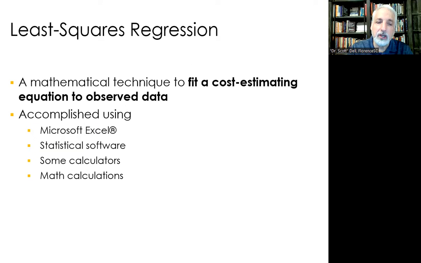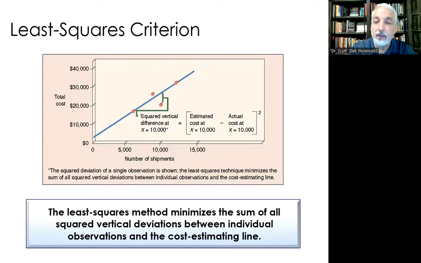Finally, we have our least squares regression method in solving. And this is a cost estimating equation. And you can use all kinds of statistical software to do that: SPSS, we can use Excel to do that. There are a number of calculators that can handle that, math calculators, and other computer programs to do that. So the tools are out there. We can do a least squares regression. And with the least squares, that's the most accurate.